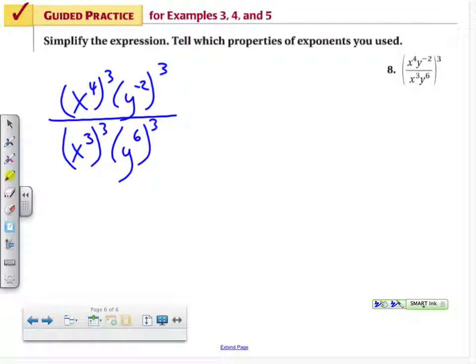The next thing you'll want to do is simplify the power to a power. We got exponents right next to each other. That's the power to a power. I forgot to write the first rule. First rule is power of a quotient.